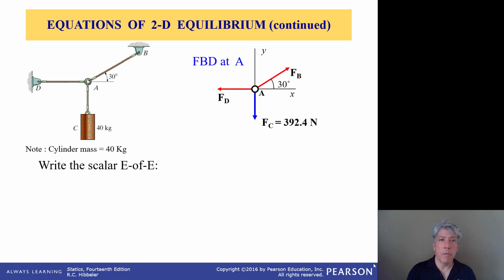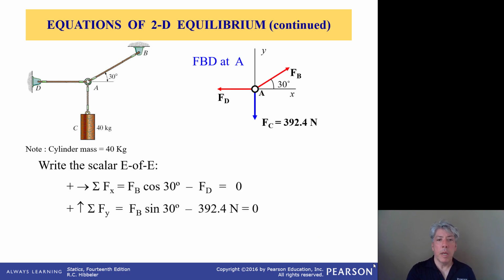So here's our free body diagram, and here are the appropriate scalar equilibrium equations that we can use. We've taken force to the right to be positive, force up to be positive. If you look at the first equation, if we sum forces in the horizontal direction, does FB have a horizontal component? Yes. How big is it? Well, all of FB times the cosine of 30 degrees.